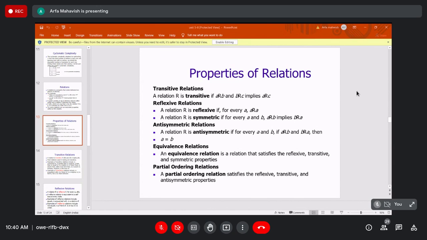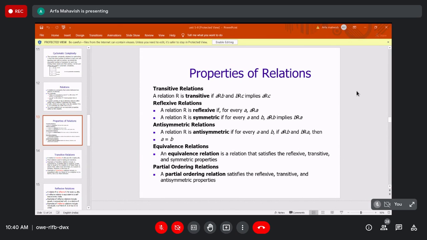If we have A equal to B and B equal to A, then it is called the symmetric relationship. If it has A greater than B, then B greater than A does not hold, so it is not a symmetric relationship. It is nothing but a directed graph.